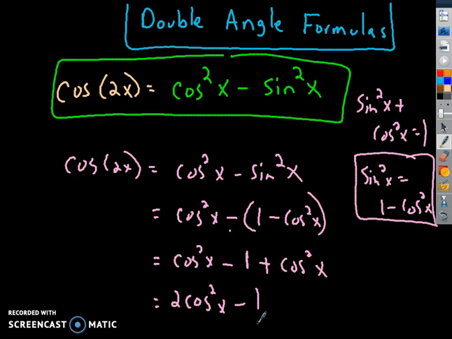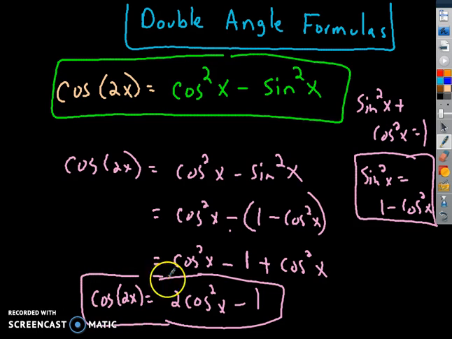So another formula for cosine of 2x is 2 cosine squared x subtract 1. Might as well write it all the way through: cosine of 2x equals this as well.